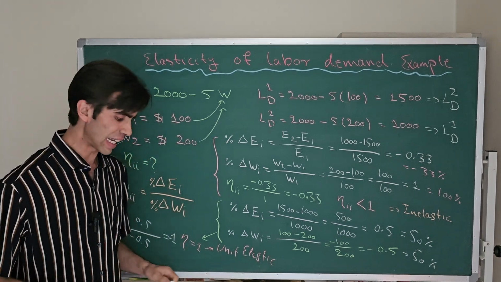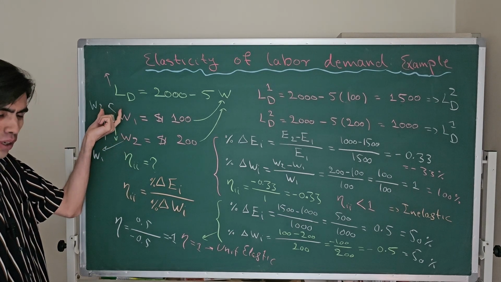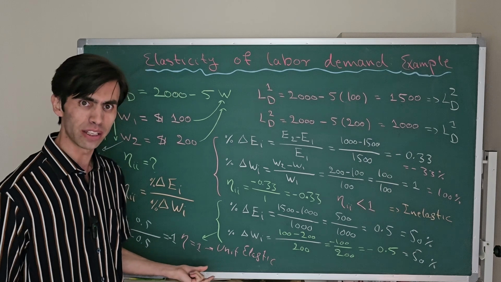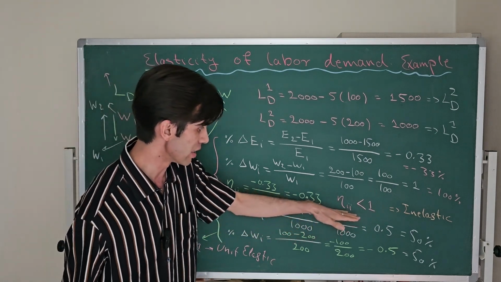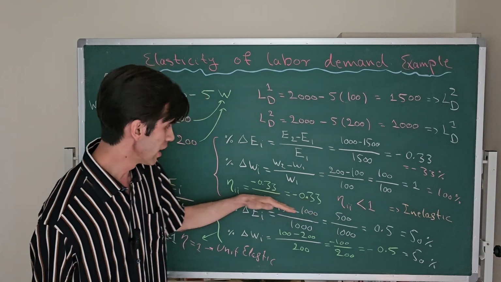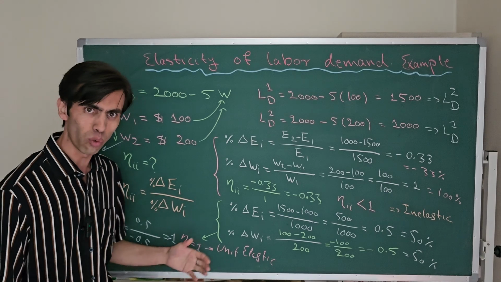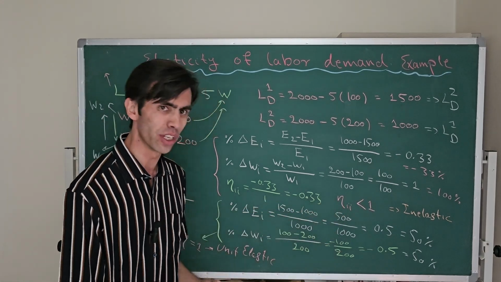One thing we can see here: when the wage rate moves up or moves down, the elasticity of labor demand will be different. When the wage level moves up, the elasticity is 0.33. When the wage level moves down, the elasticity is equal to 1. Why? Because the percentage change in both cases will be different.